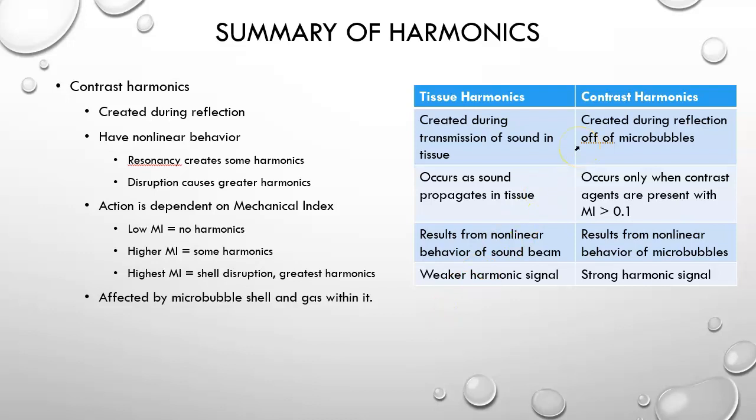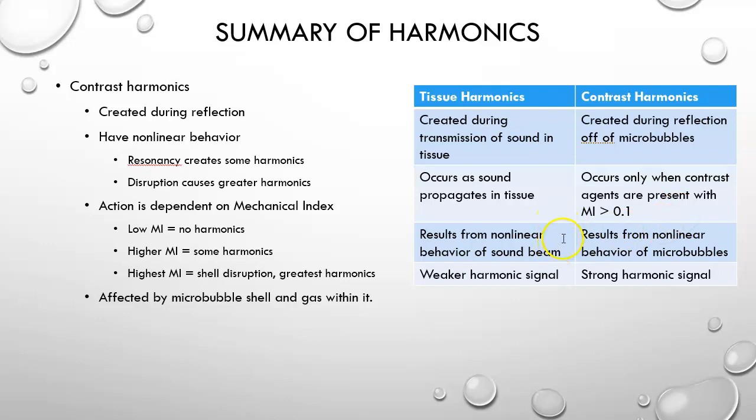So, summary: tissue harmonics are created during the transmission of sound through the tissue, or a better term might be propagation of sound through the tissue. Contrast harmonics are created during the reflection off of the microbubbles. Tissue harmonics occur as sound propagates. Contrast harmonics occur only when contrast agents are present, with a mechanical index greater than 0.1.